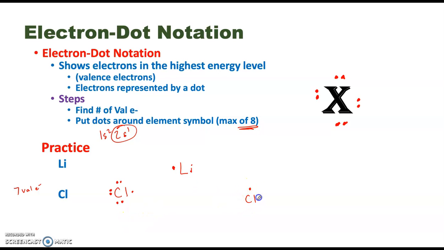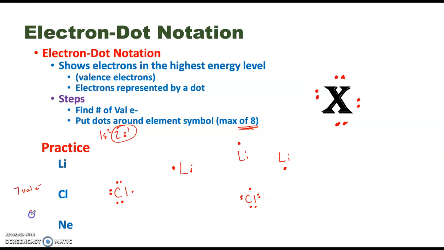You could, if you wanted to, have your single dot on the top if you wanted. So you got 3 pairs and a single dot. So that's how you'd put 7 valence electrons on chlorine. And again, like lithium, it wouldn't matter if you went like that. Lithium could look like this. Doesn't matter as long as there's 1 single dot with the symbol.